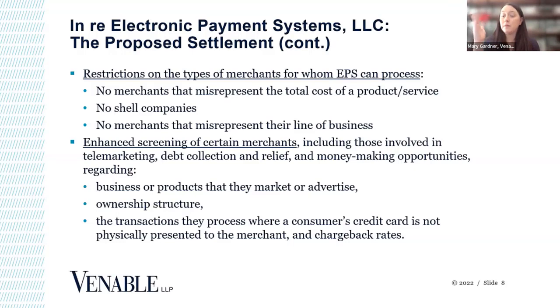And if a merchant falls within one of those categories, then Electronic Payment Systems is required to do additional review of the type of business that they're marketing, including looking at their marketing and websites, really digging into the ownership structure to ensure that there are no fictitious or straw owners, reviewing any kind of transaction where the consumer is not physically present at the merchant location, as well as looking in depth at chargeback rates.